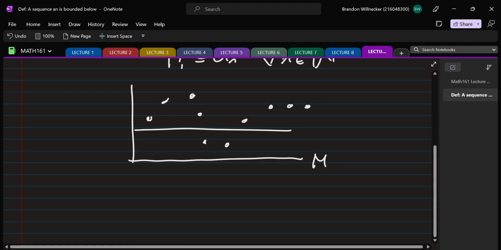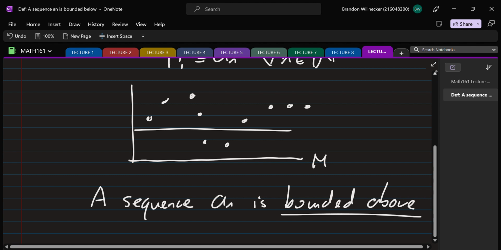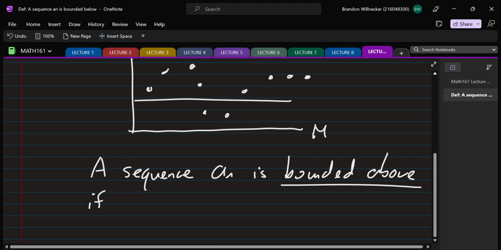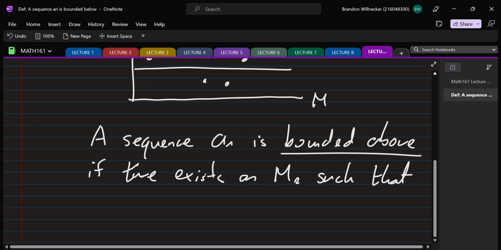And then similar for bounded above, a sequence a_n is bounded above. Okay, very similar to before, if there exists an M2 such that, now it's very similar to bounded below.